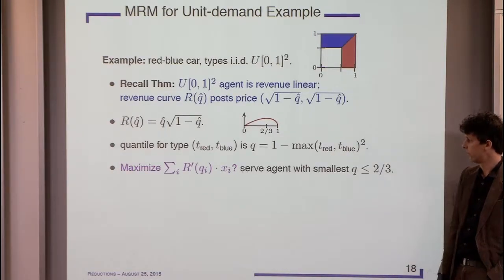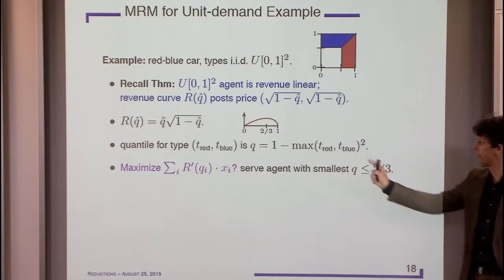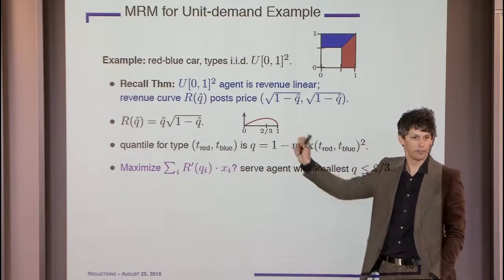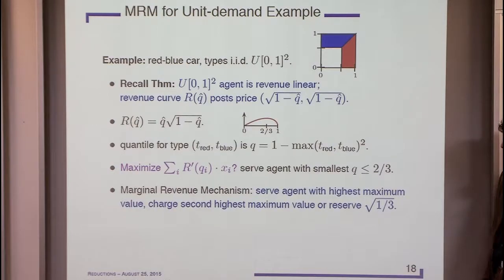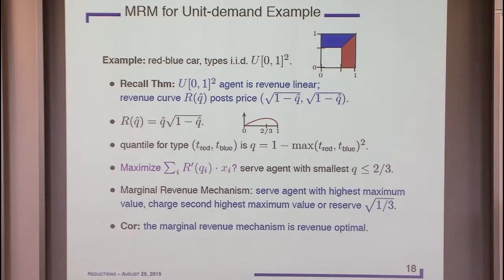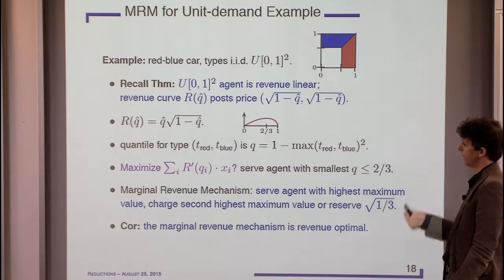So serve the agent with the smallest quantile less than 2/3, and they start to have negative marginal revenue. And so that's serve the agent with the highest maximum value, charge the second highest maximum value, or reserve square root 1/3. The same mechanism I said would be optimal on the first slide. And so revenue linearity implies this mechanism is indeed optimal.